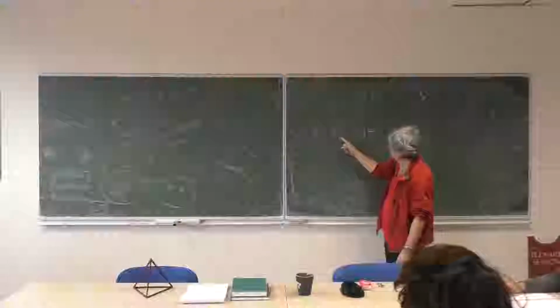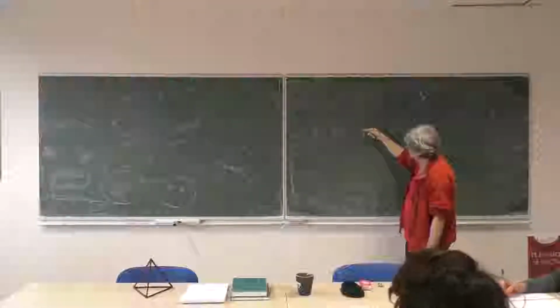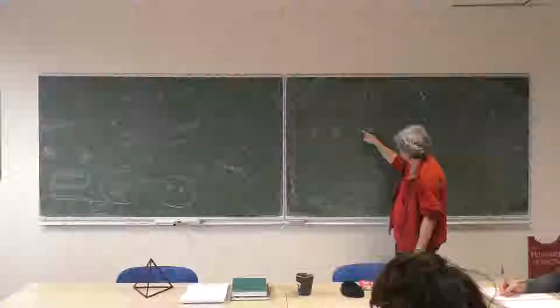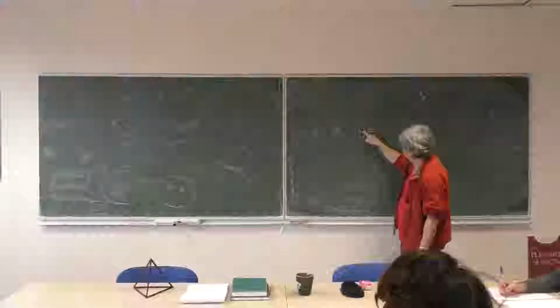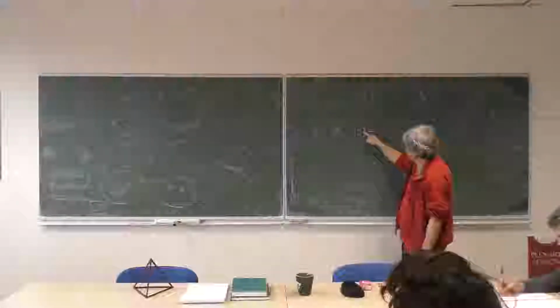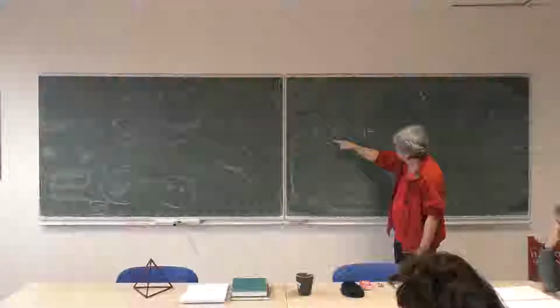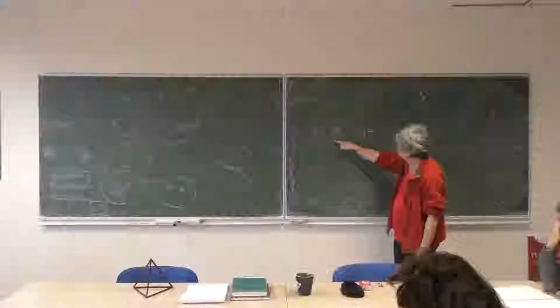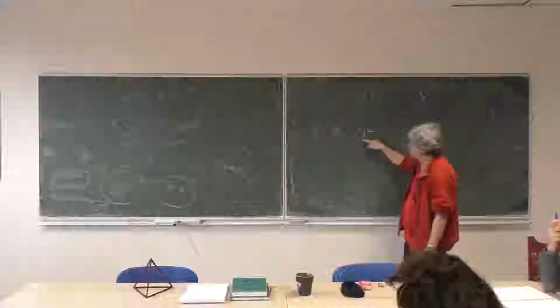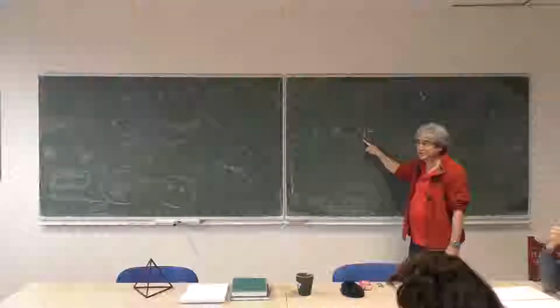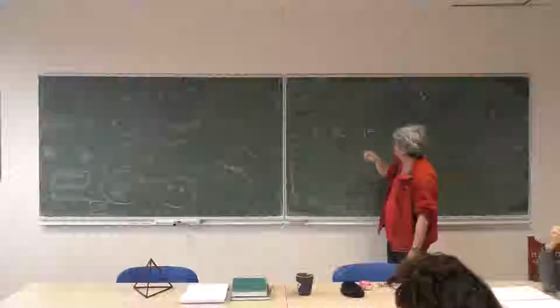Remember how it is defined. This is a limit for a small group element acting here. So when you act with a small group element here, you have a representation matrix. In the limit, you have just the generator of this representation in j.